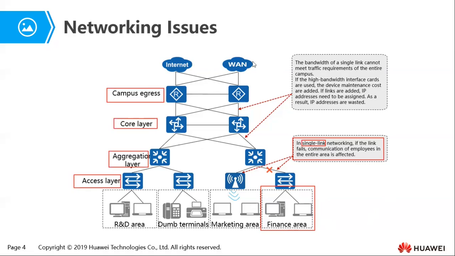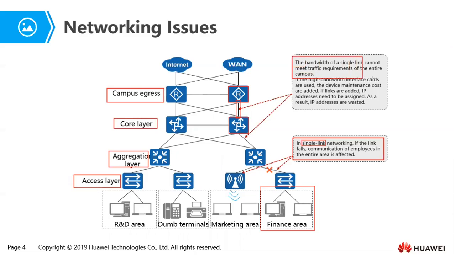Now, if we also look at the interconnection between this router and this layer 3 switch, we can see that we also have a single link interconnecting them. The other problem with a single link is the bandwidth.